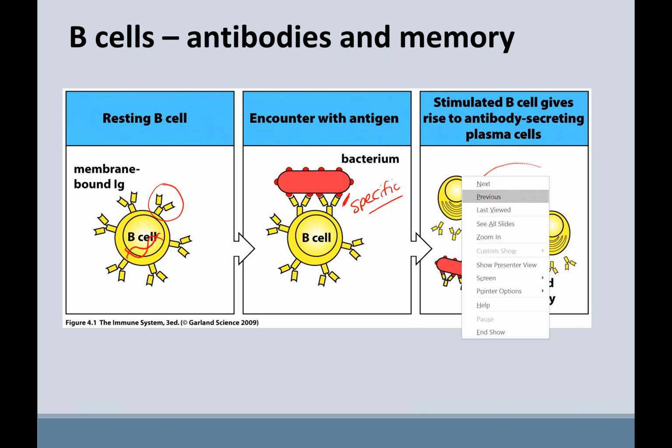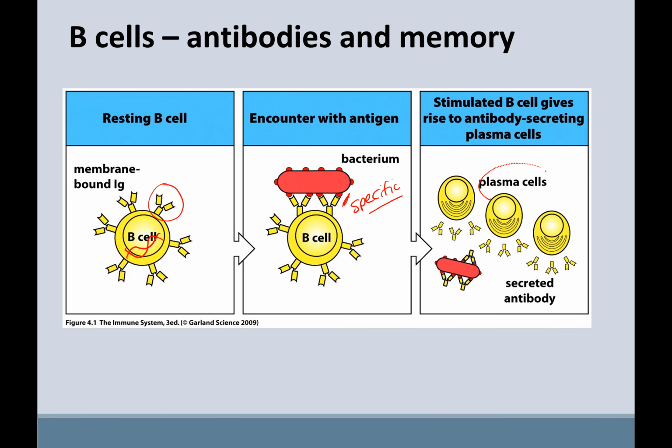The B cell will eventually make what we call plasma cells, and this is your memory. So it turns on this cell to say, hey, we really need a lot more of you. Divide, divide, divide. Make more antibody. Destroy that foreign object.